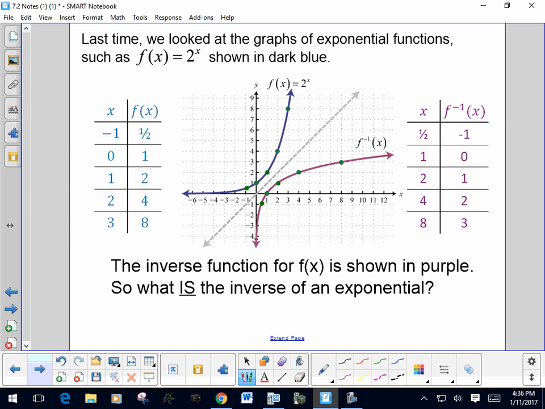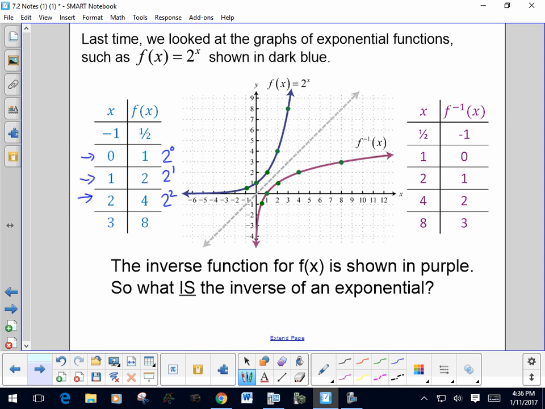If x is -1, f of x is 1/2. If x is 0, 2 to the 0 power is 1. If x is 1, 2 to the 1 power is 2. If x is 2, 2 squared is 4, and so forth.